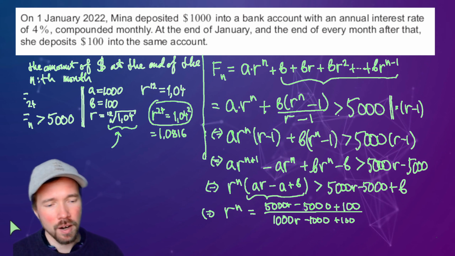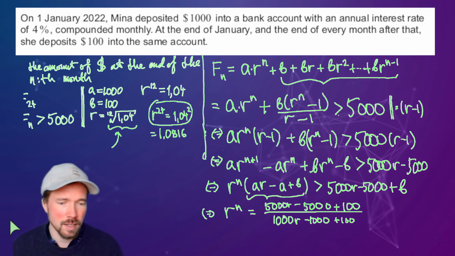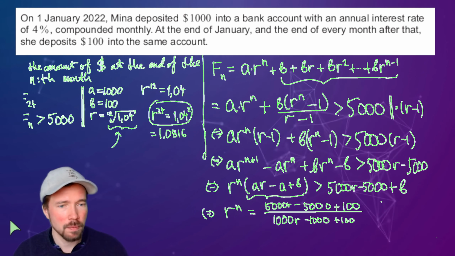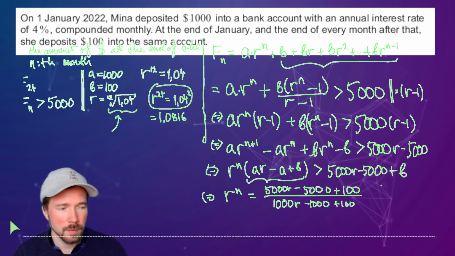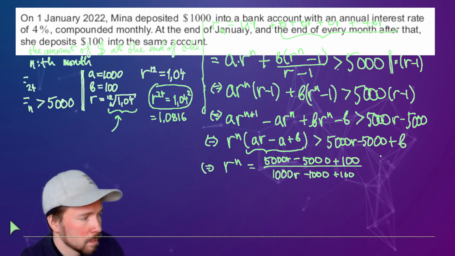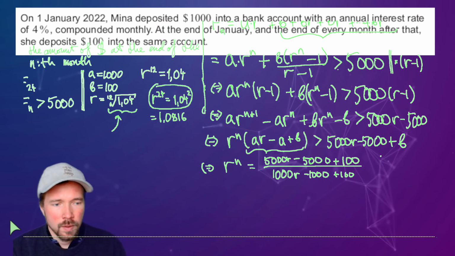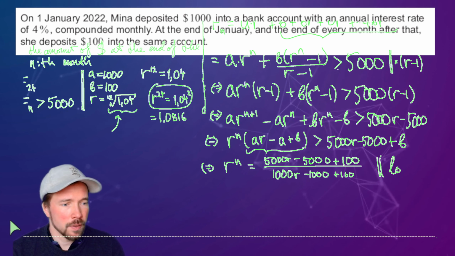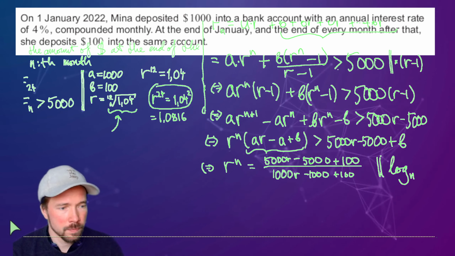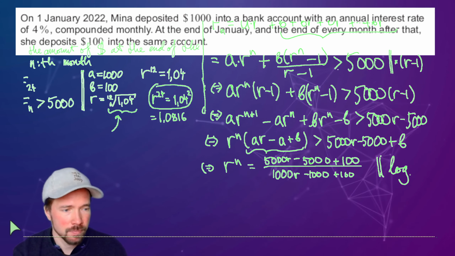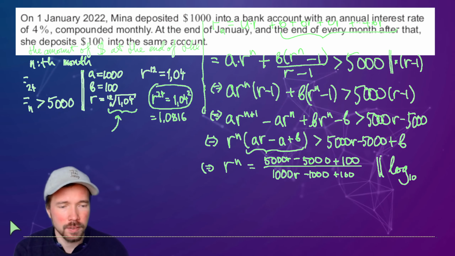So now we have r to the power n on the left side and something else on the right side. Taking the logarithm, let's take just the base 10 logarithm.